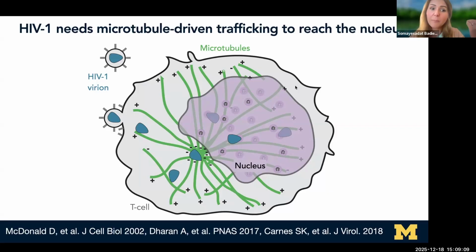Due to the dense environment of the cytoplasm, HIV-1, like many other viruses, depends on the microtubule machinery, and during evolution it has evolved tools to hijack microtubule machinery to move from the cell periphery to the nucleus, where the rest of replication happens.